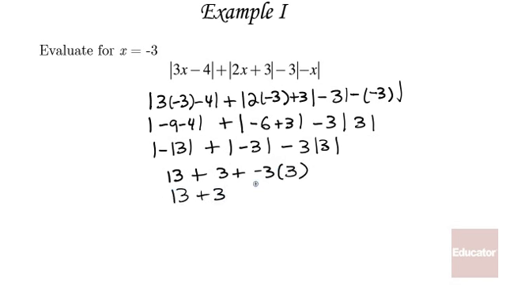So here, 13 plus 3, negative 3 times 3 is negative 9. So 13 plus 3 is 16, minus 9 is 7. Okay, so solving this by substituting in negative 3 for x, finding the absolute values for these three, and then this one's multiplied by negative 3, and then simply adding.